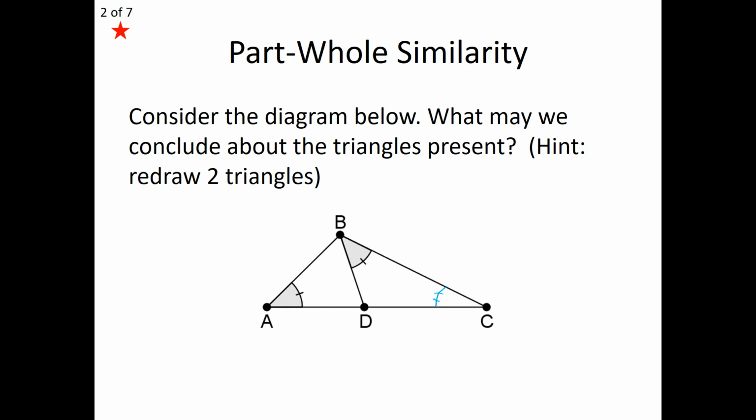Now, part of the hint that I give you is it might be helpful to redraw these two triangles. So take a look. There's the large triangle, which is triangle ABC, in which we know here's angle A, here's angle B, here's angle C, and we know that this angle here is equal, and we've got angle C here. There's actually a second triangle in there that's similar to this first one. It's the part of the whole that's also similar.